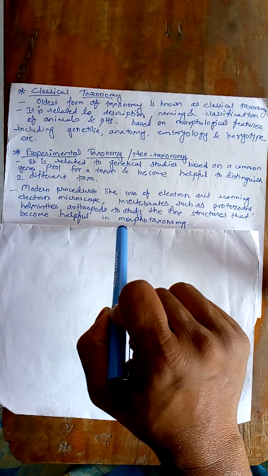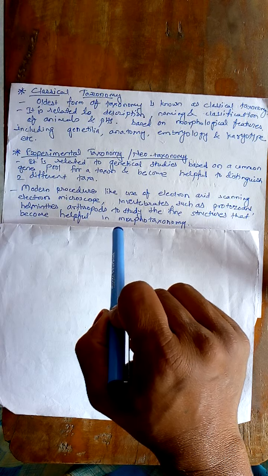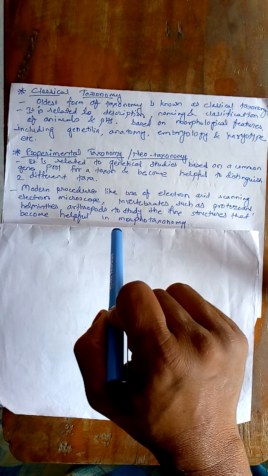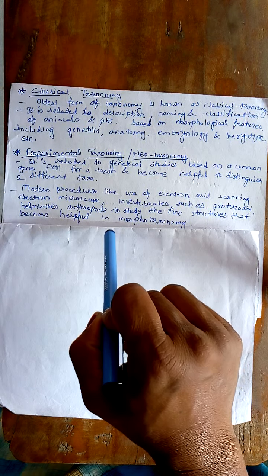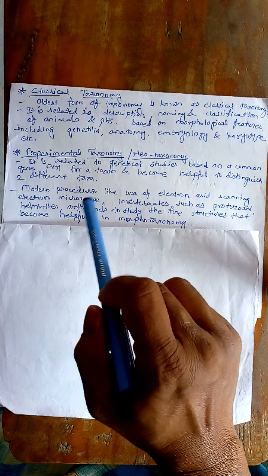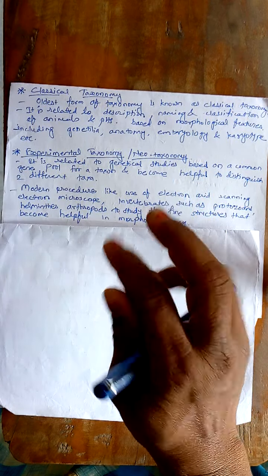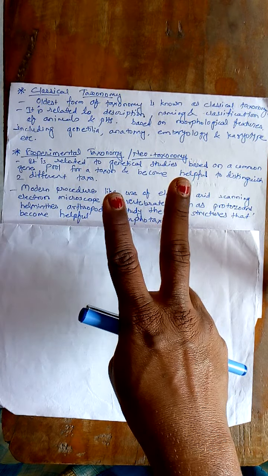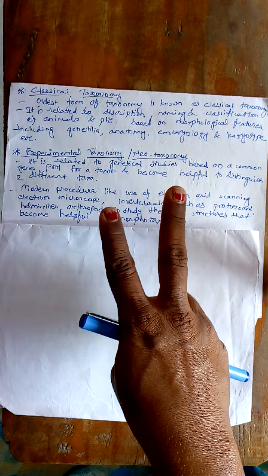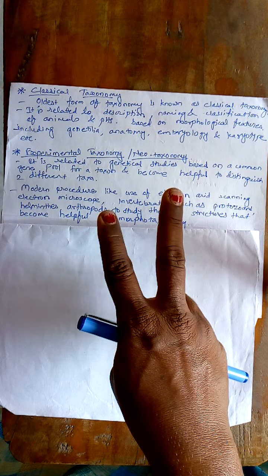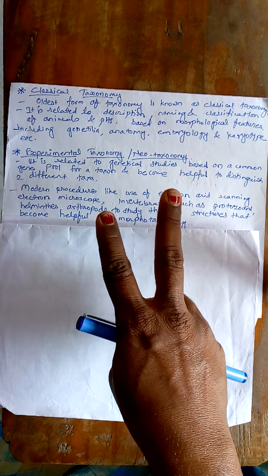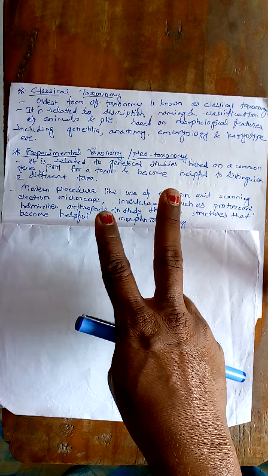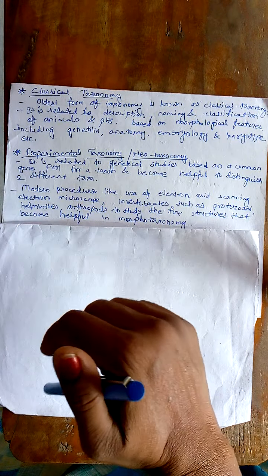Initially, when taxonomy was discovered, taxonomists only classified all living organisms into two kingdoms, Plantae and Animalia, because they did not have specific equipment to distinguish many organisms.